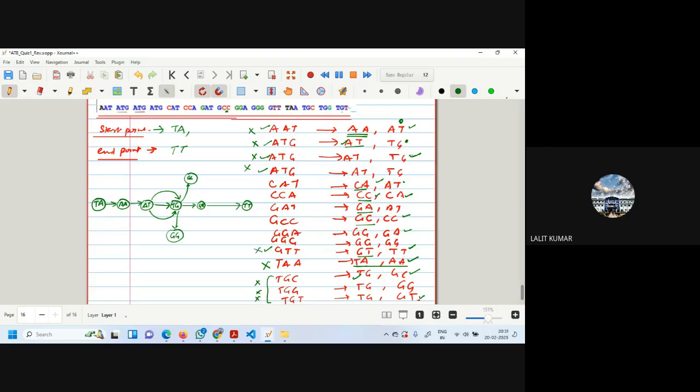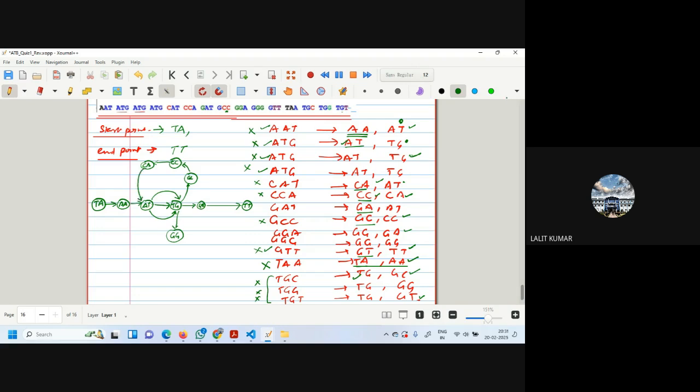I come to GC. Where is GC? GC is here. It goes to CC. Now where does CC go? CC goes to CCA, so it goes to CA. Where does CA go? CA goes to AT. So this CA will come here, AT.